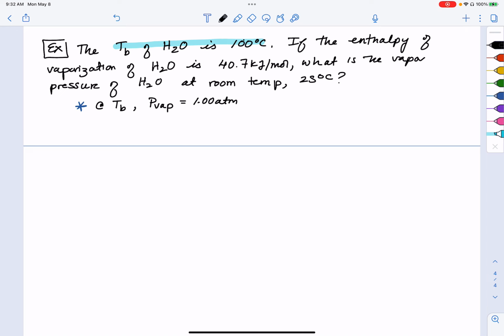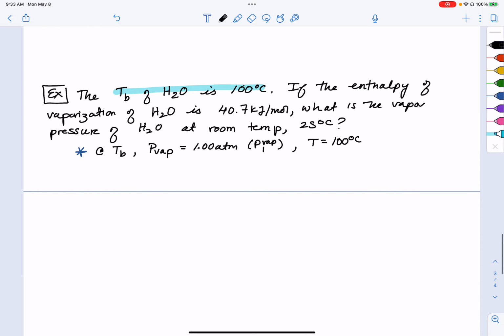So let's call this condition 1. And we also know what this temperature is, right? So this is going to be P vap 1. This temperature is 100 degrees C.